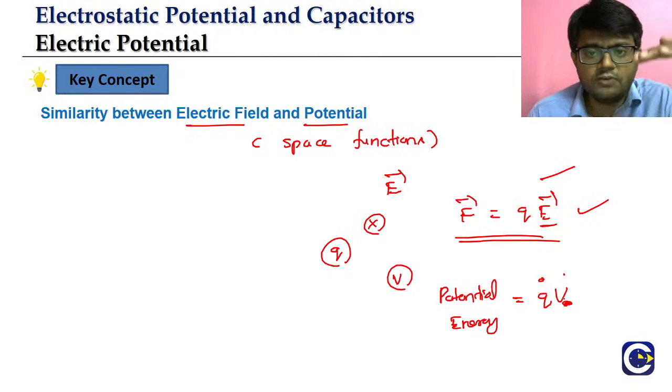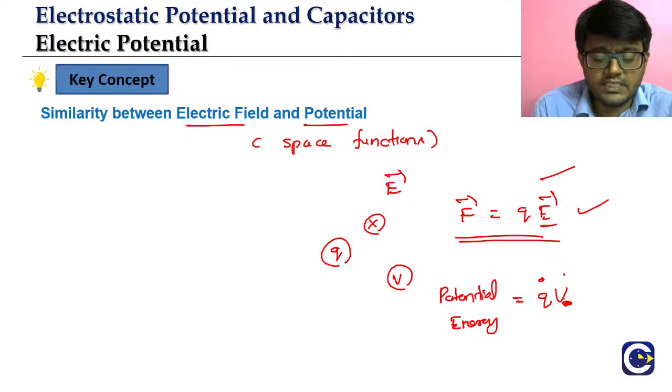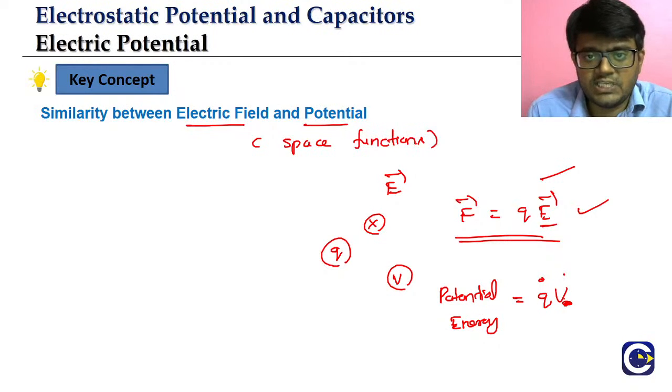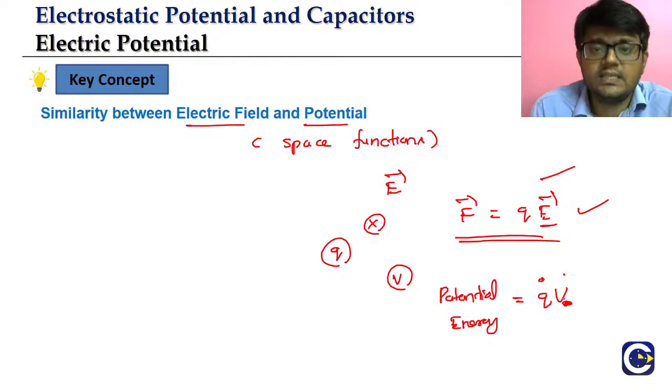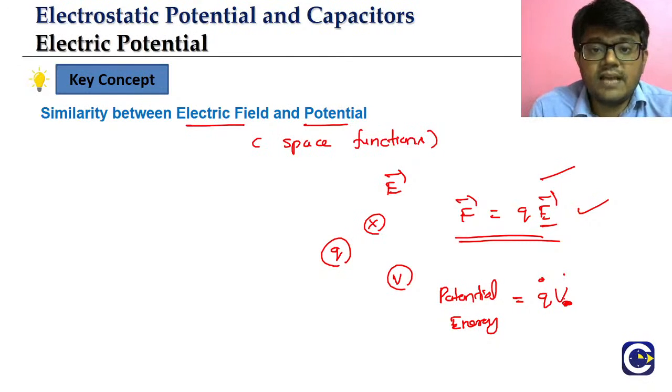So just as we see how a force comes on a charged particle through the interaction between the charge and the field, similarly a charged particle gains potential energy by staying at a location, through its interaction with the potential at that location. This is how we see the similarity between the electric field and electric potential.